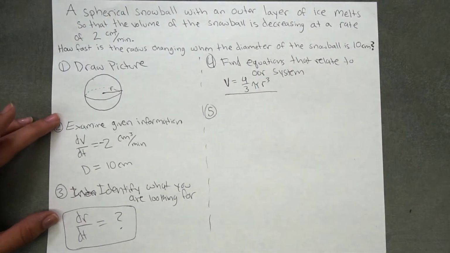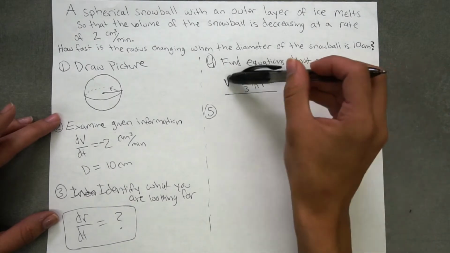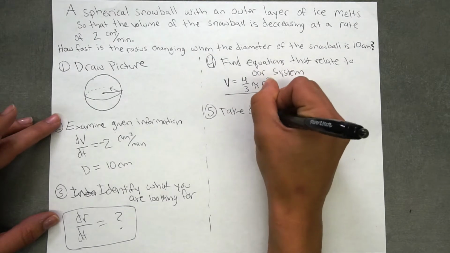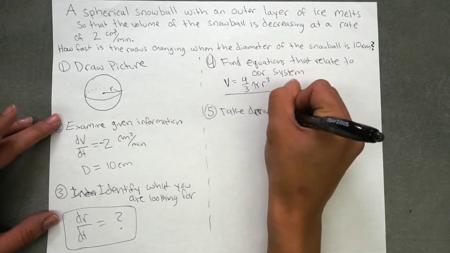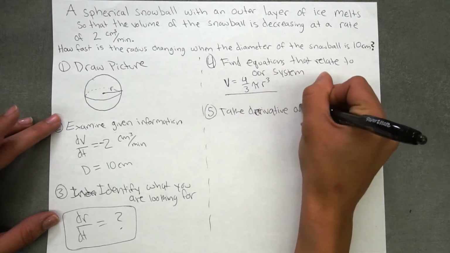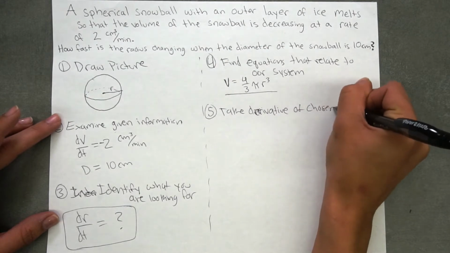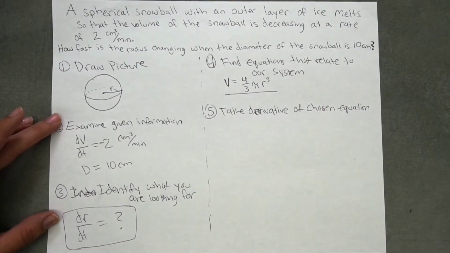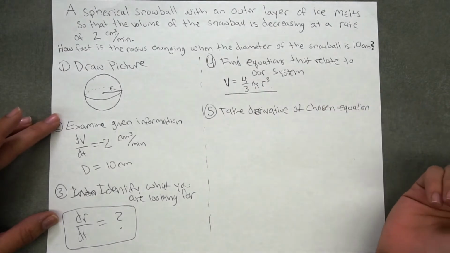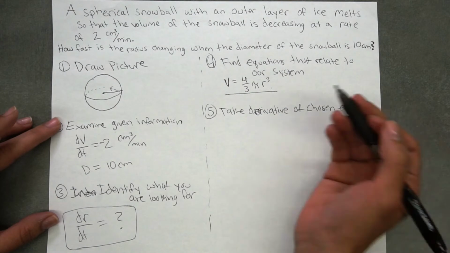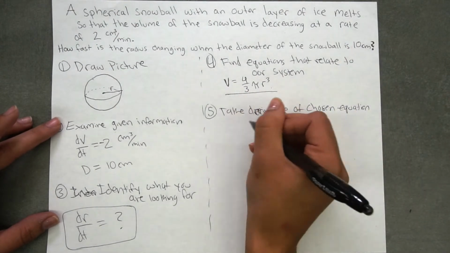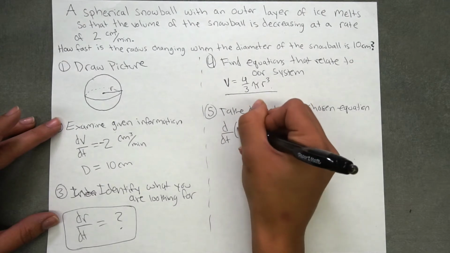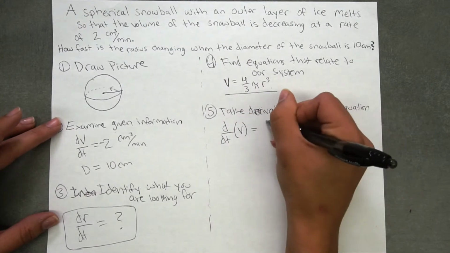The next step, now we need to take the derivative of this equation that we chose. So we're going to take the derivative of this one with respect to time because we're dealing with rates. So d over dt of both sides, so left and right.